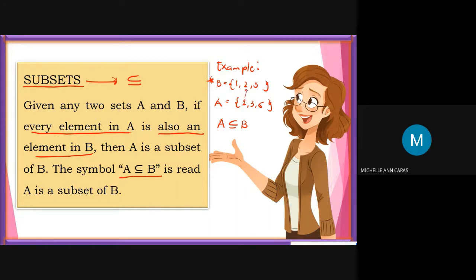So, si B, meron siya sang element nga 2. Tapos, si A meron siya sang element nga 3, si B meron siya sang element nga 3. But, kung tanawon naton, si A meron siya sang element nga 5, si B, wala siya sang element nga 5. So, therefore, we can say that, okay, si A is not a subset of B. Nga aman, since may ara si A sang element nga wala sa kay B. Kaya, A is not a subset of B. Okay, nag-gets na class kung ano ibig sabihin sang subset. Okay, so let's proceed.